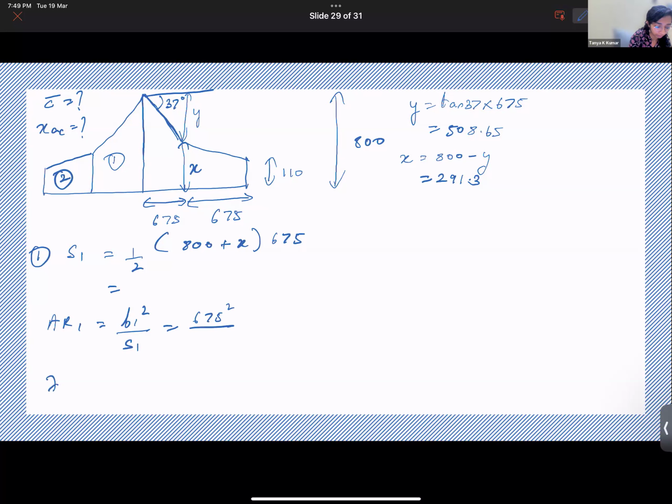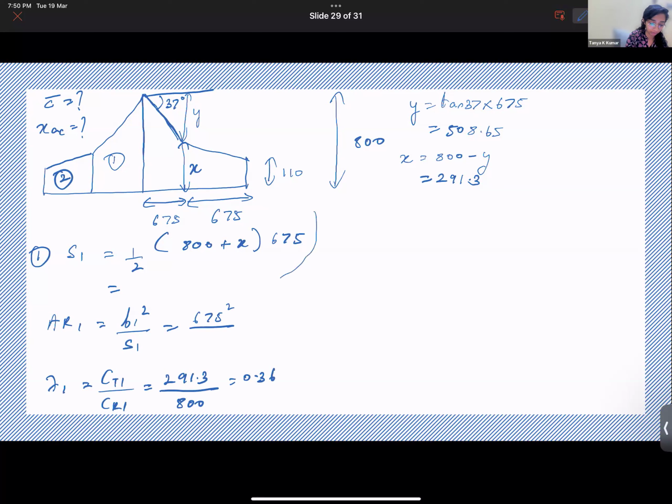Next step would be finding out lambda 1, that is CT1 by CR1. CT tip is the x distance, 291.3, CR is 800, and that is 0.36. Correct?